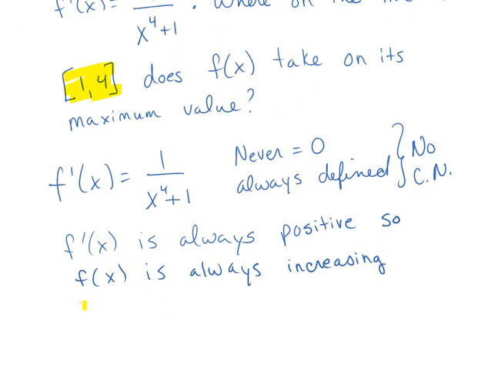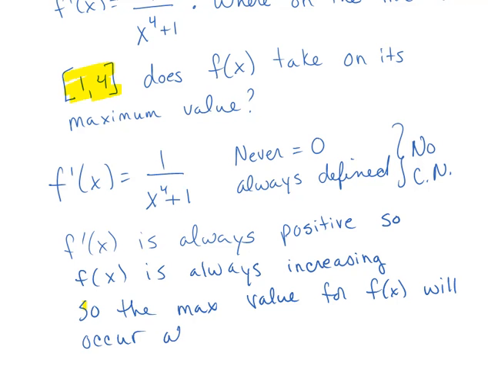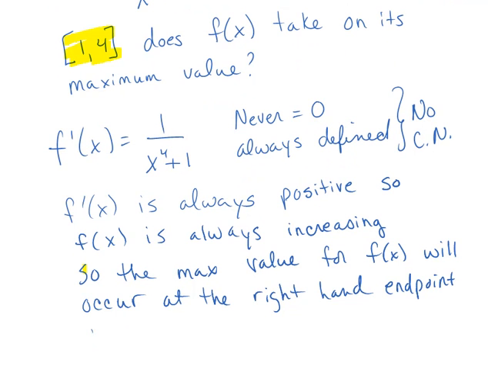So the maximum value for f of x will occur at the right-hand endpoint of the interval, and that's because it's increasing. So here that's x equals 4. Okay? So it takes on its maximum value at the right-hand endpoint, which is x equals 4.